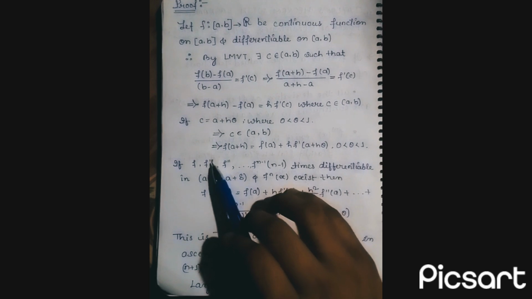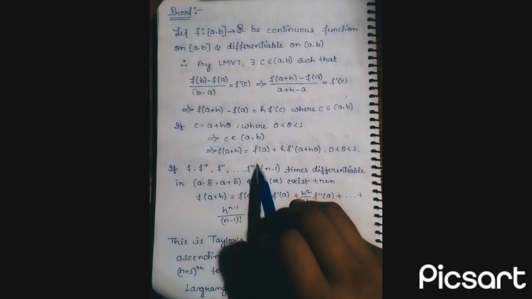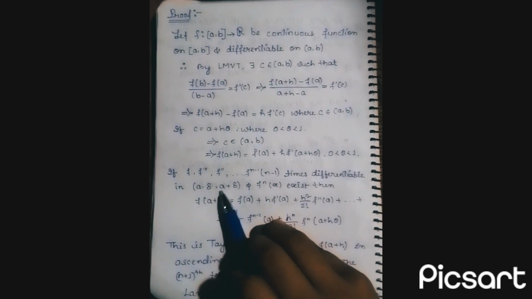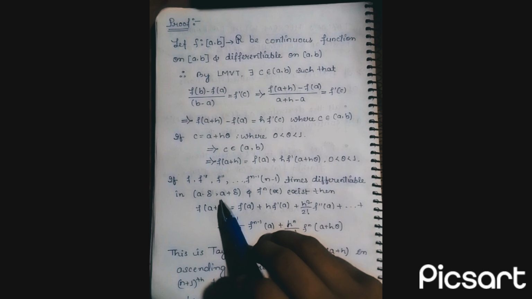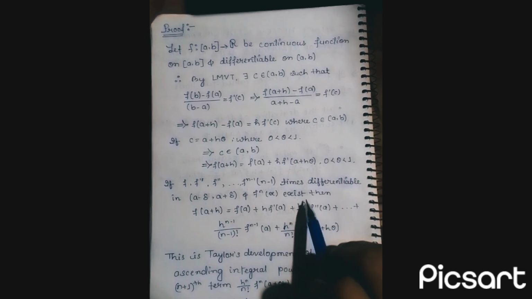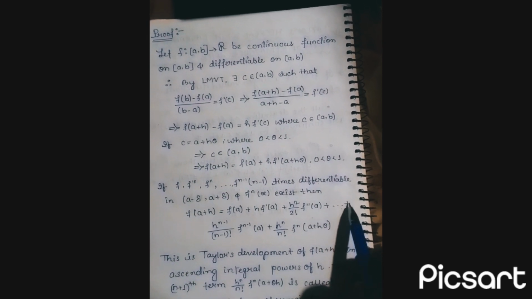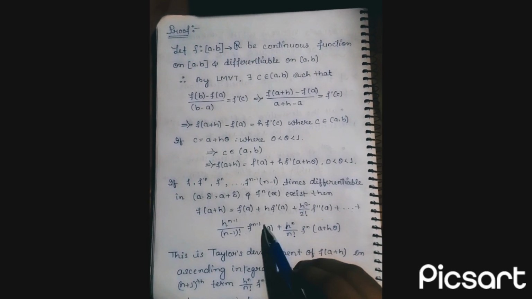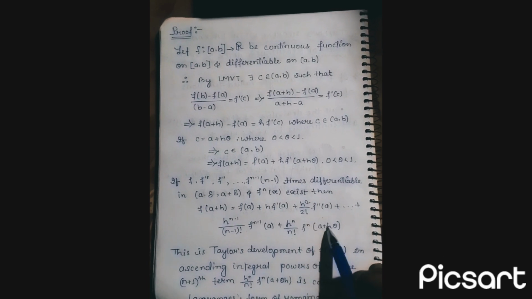So if f', f'' up to f^(n-1), which is n minus 1 times differentiable in (a - δ, a + δ) and f^n(x) exist, then f(a+h) is equal to f(a) + h f'(a) + h² by 2 factorial f''(a) + ... + h to the power n minus 1 by n minus 1 का factorial f^(n-1)(a) + h^n by n factorial f^n(a + hθ).